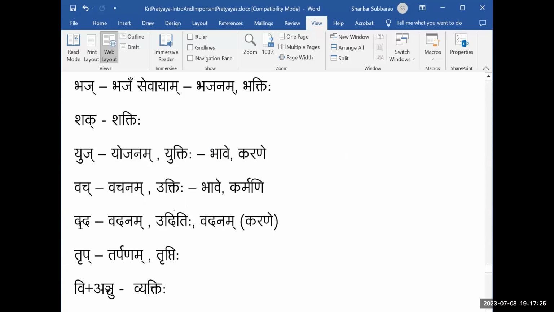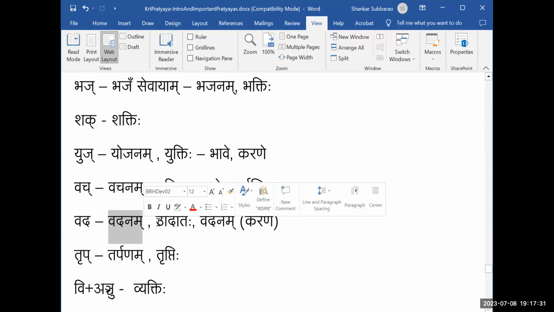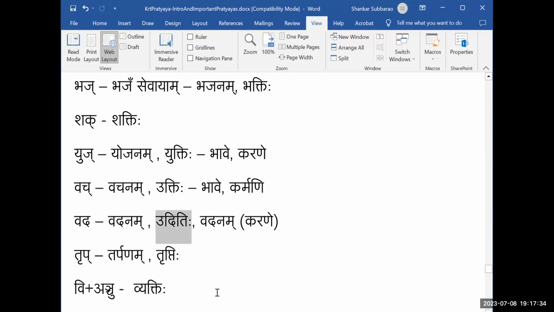Vada dhatu, vadanam. Speaking. Uditihi. Va becomes u again. Uditihi. Now, vadanam in karane. What will be the sentence for that? Somebody other than Santosh.